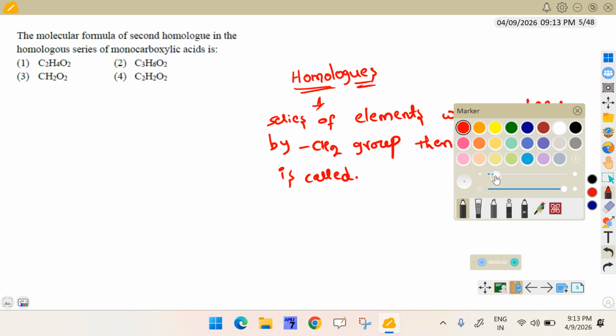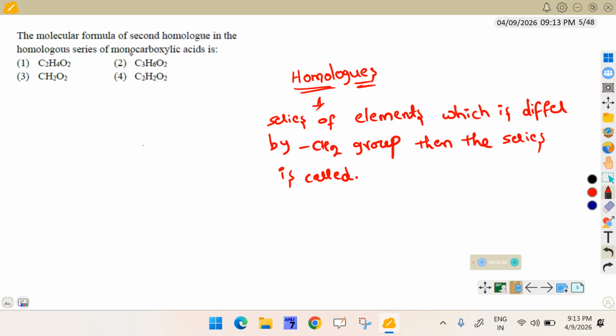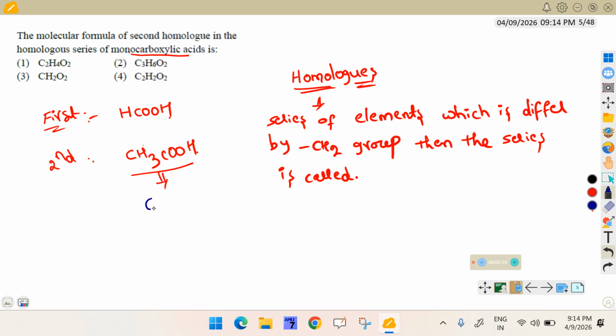Now the question: the monocarboxylic acid first homologue is methanoic acid, HCOOH. The second homologue is CH3COOH, ethanoic acid, which is also written as C2H4O2. Correct answer, first option.